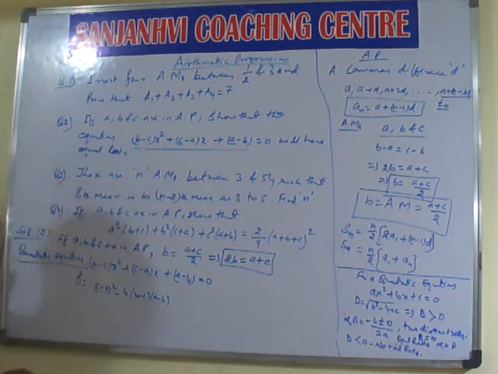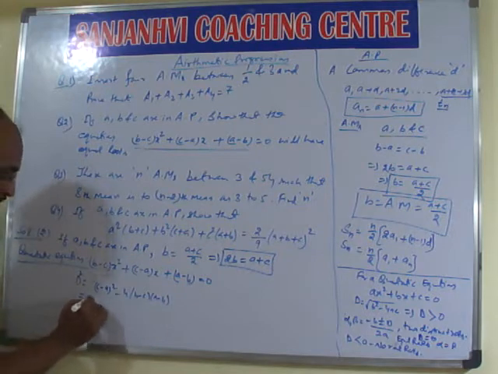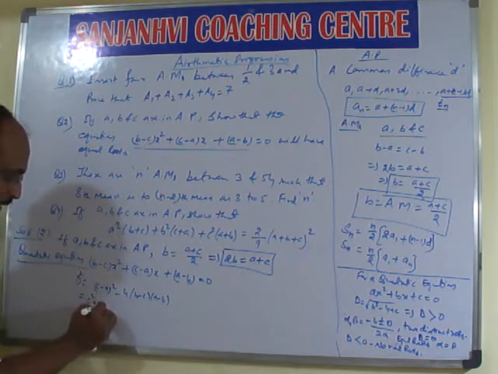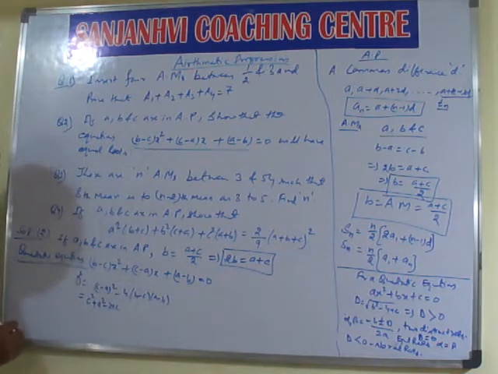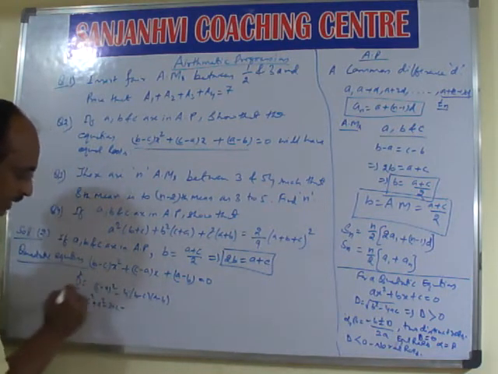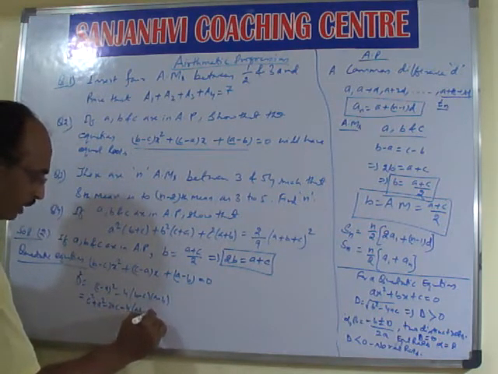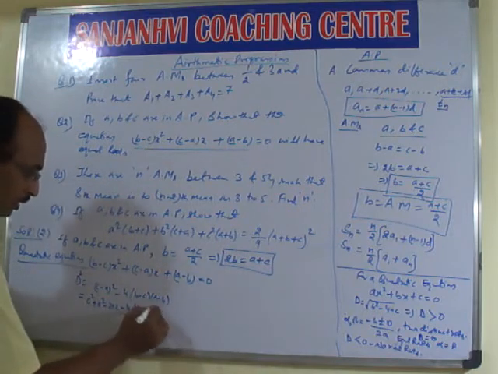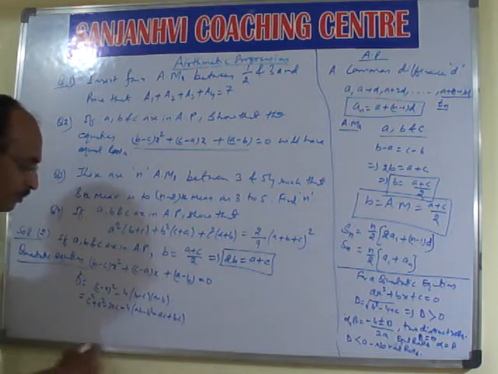So c minus a whole square will be c square plus a square minus 2ac. Very good. Minus, let us solve here, 4 into ab minus b square, yes or no? Then minus ac plus bc.